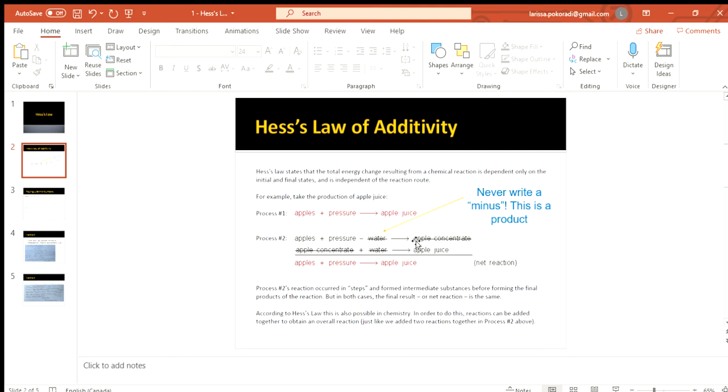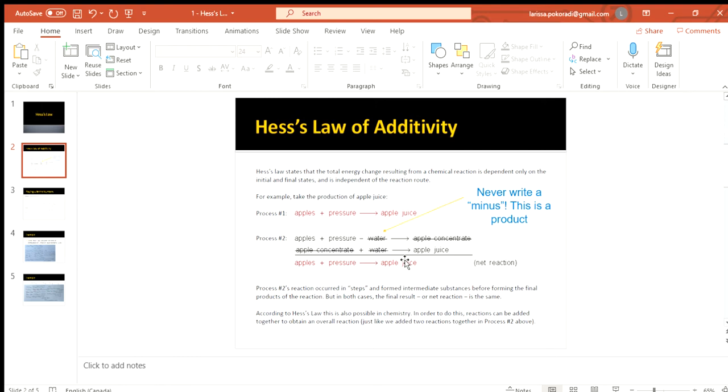Some of these things are crossed out, right? The way you can cross something out is if it appears on opposite sides of our arrow. Apple concentrate can be crossed out because it was a product here and then it was used up as a reactant. Water is the same thing but harder to see in this example just because it should be written as a product. It's a product, it's a reactant, we can cross it out.